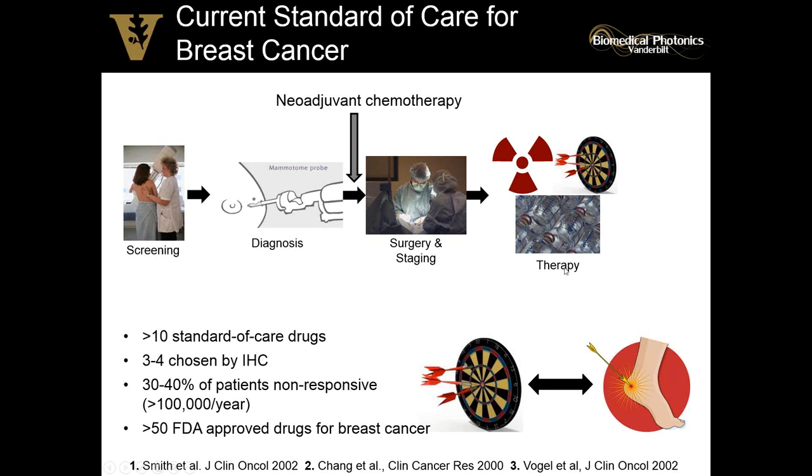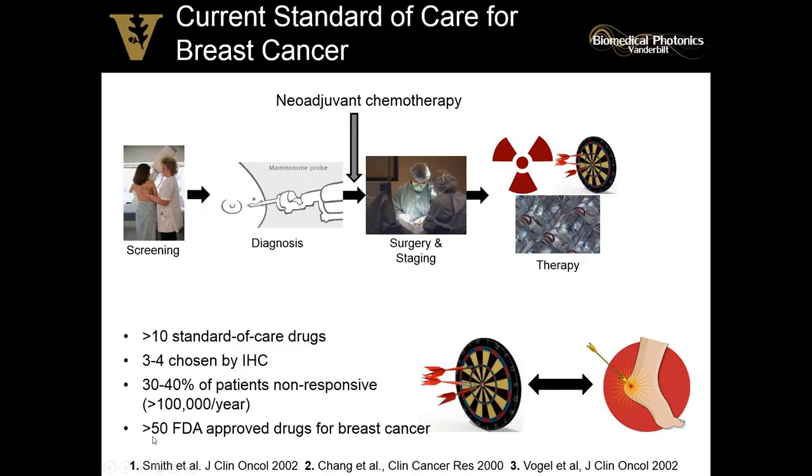There are multiple drugs for breast cancer. Currently, there are greater than 10 standard of care drugs that a patient can be prescribed for their breast cancer care. Usually, we choose about 3 or 4 of these drugs with standard immunohistochemistry. However, 30 to 40% of patients are non-responsive to these therapies, and they're receiving toxicities from these therapies because they are highly toxic.